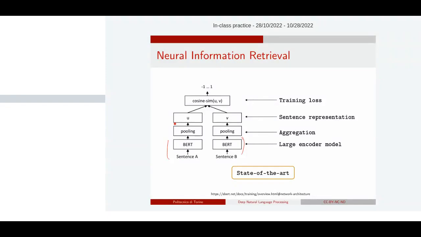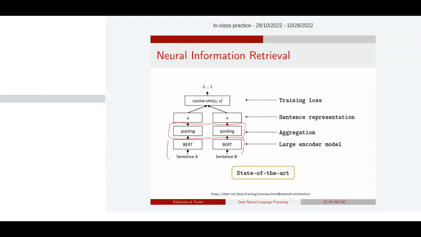Then we have a pooling layer because, of course, BERT does not produce a sentence embedding. BERT produces a word vector representation for each token in the sentence. So we have different vectors, one for each token in the sentence. What we want to do in this case is to aggregate all these vectors.